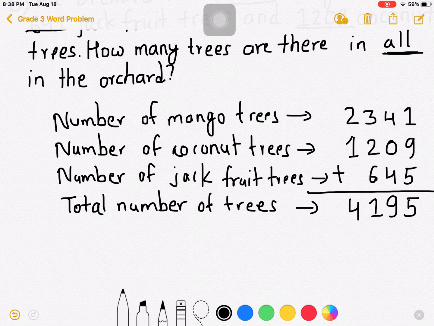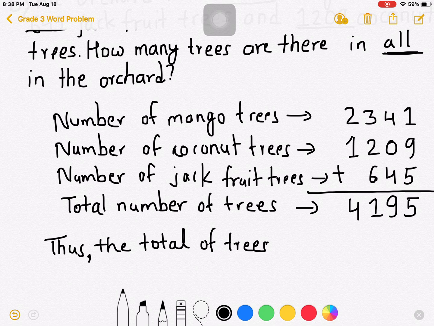Now it's time to give conclusion. We have found out the total number of trees. Now, thus, the total number of trees is 4195.